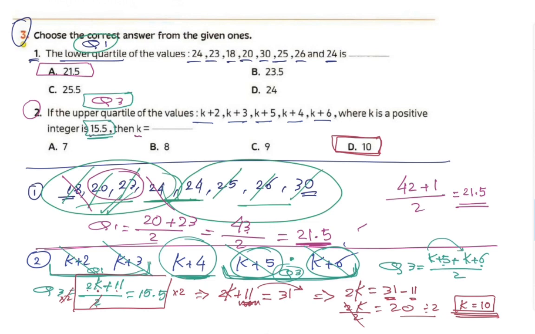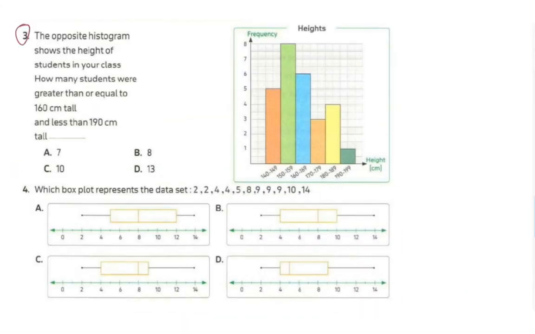Now go to the next. Point 3. The opposite histogram shows the height of the students in your class. The x-axis is height in centimeters and the y-axis is frequency. The frequency means the number of students.